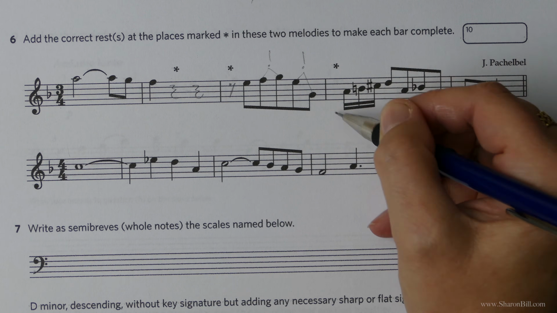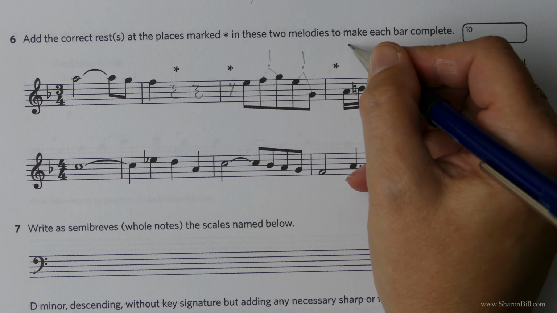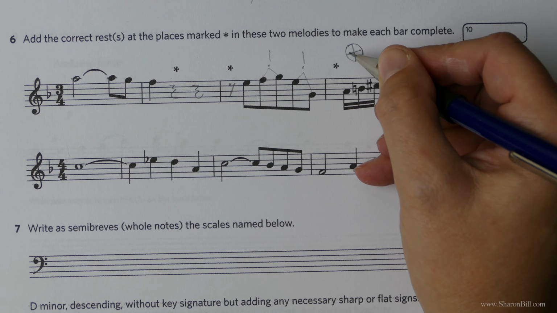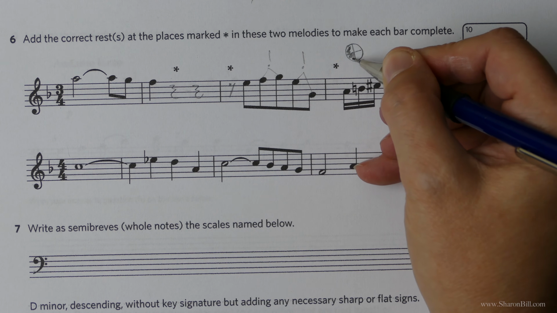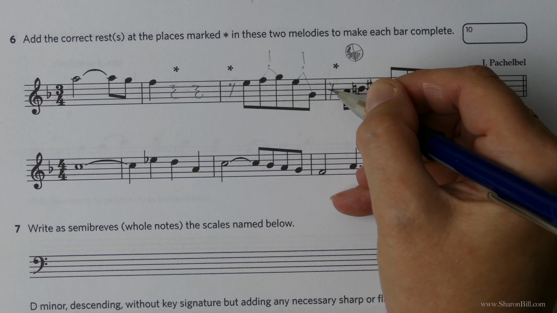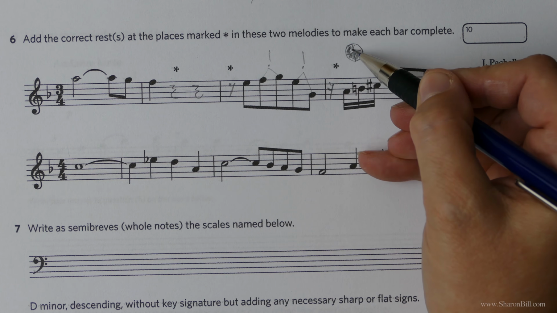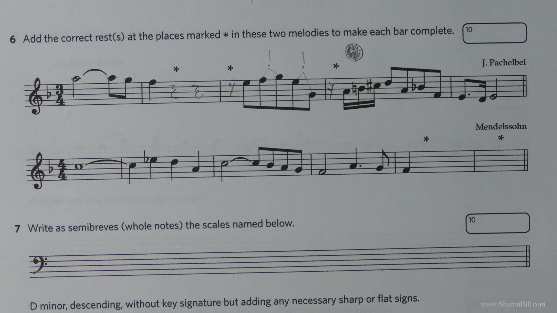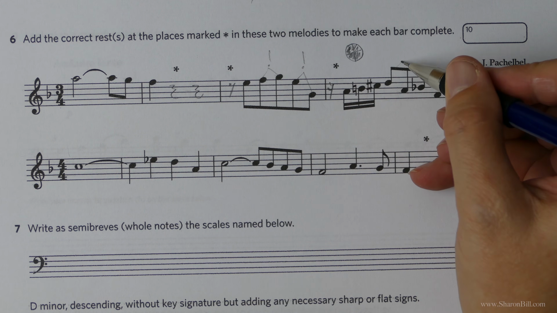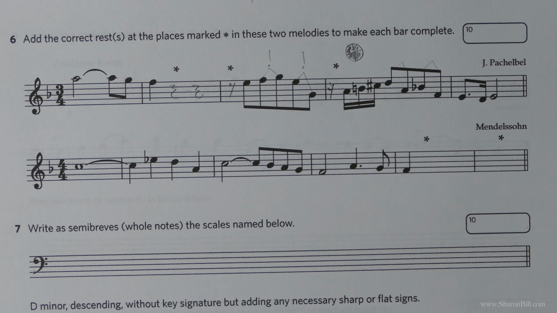We should have 4 semiquavers. You can see we've got 1, 2, 3, each worth a quarter of a beat. We've got 1 quarter of a beat missing, and so we need to show that as a rest. That now makes a full beat. So that's that completed. Let's just check there's nothing else in the bar. We've got 1 beat there, 2 beats there, 3 beats there, so that's complete, yes.